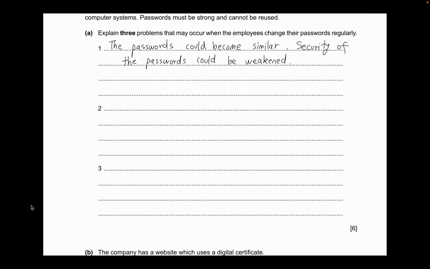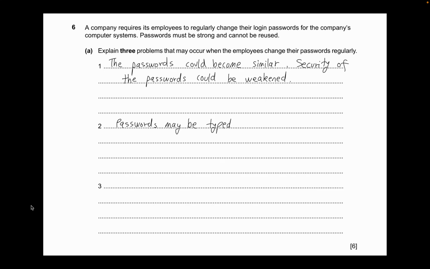The next point that you can mention is that the passwords may be typed incorrectly, because they're constantly changing their passwords, right?